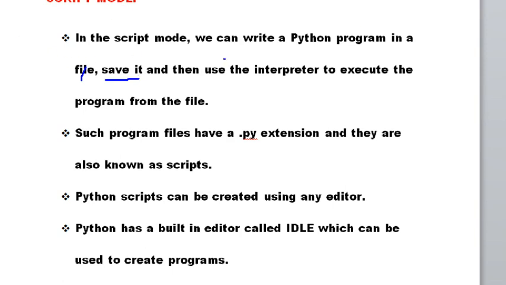We write a Python program in a file, save it, and then use the interpreter to execute the program from the file. That means in script mode we save the statements in a file, and after saving, we execute the program from that file. That is the difference between interactive mode and script mode. In interactive mode we cannot save the file, whereas in script mode we can save the file.